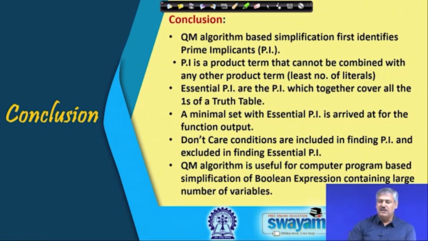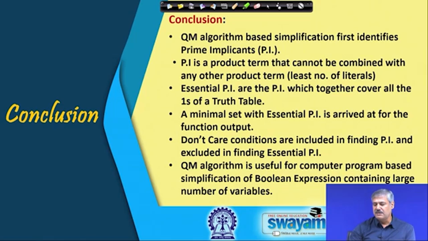To conclude, QM algorithm based simplification first identifies prime implicants. These are the product terms which cannot be combined with any other product term, so each represents the least number of literals. Essential prime implicants are the PIs which together cover all the ones of the truth table, and a minimal set with essential prime implicants is arrived at for getting the final function output.